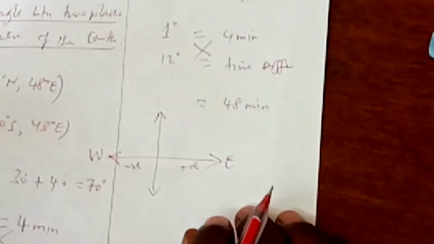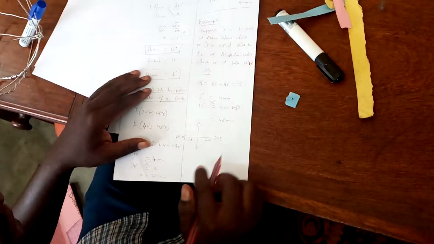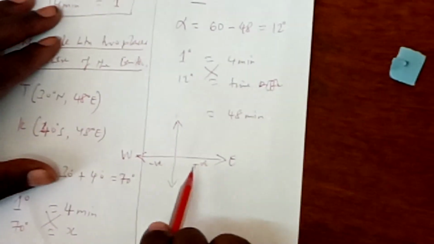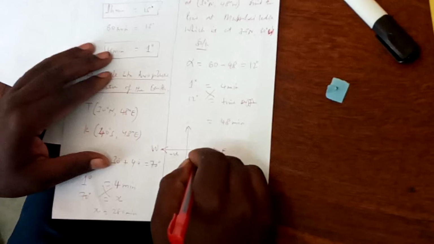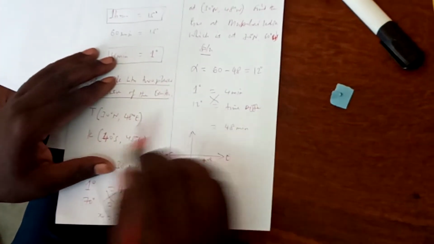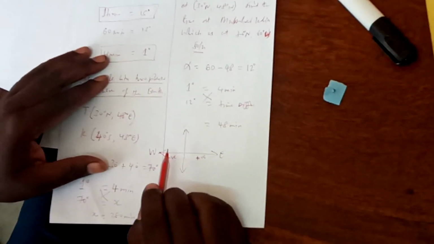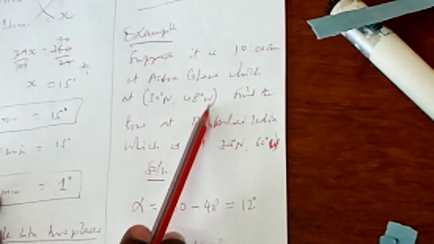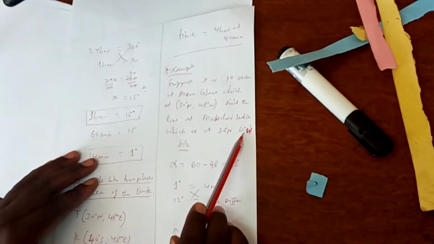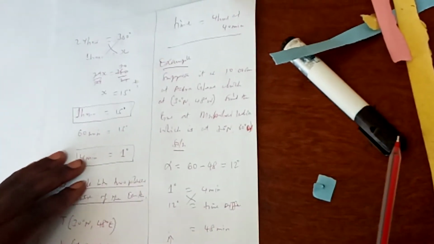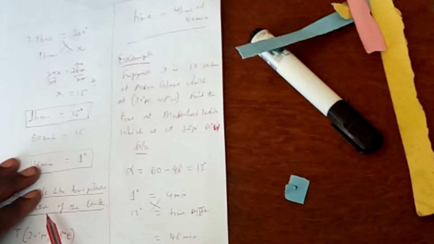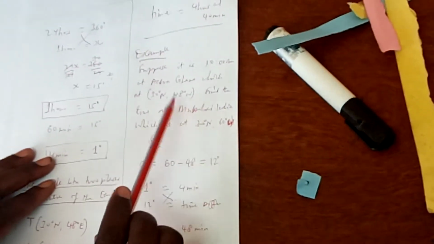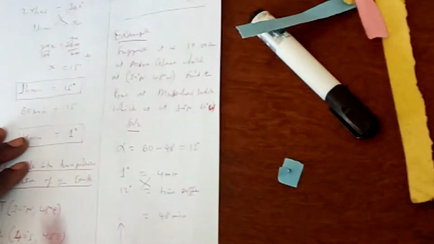To say so, if you are rotating toward the east, we add, okay? And if you are rotating toward west, we subtract. Now, let us ask ourselves, from Ghana, which is 48 degrees west, to Mumbai, which is 60 degrees west, are we going westward or eastward? You can see that we are going towards the west, so we have to subtract.